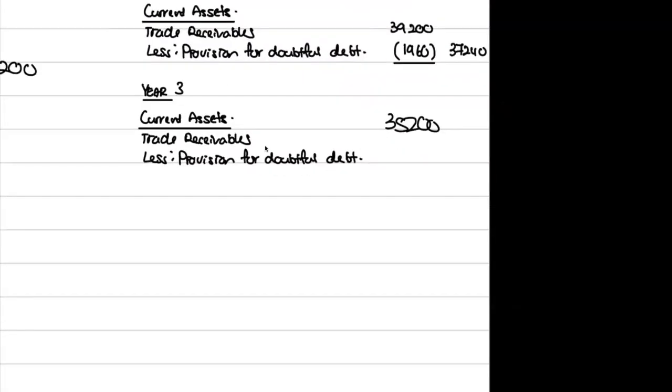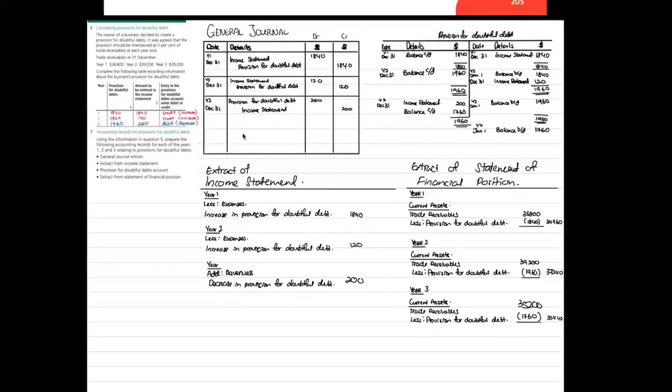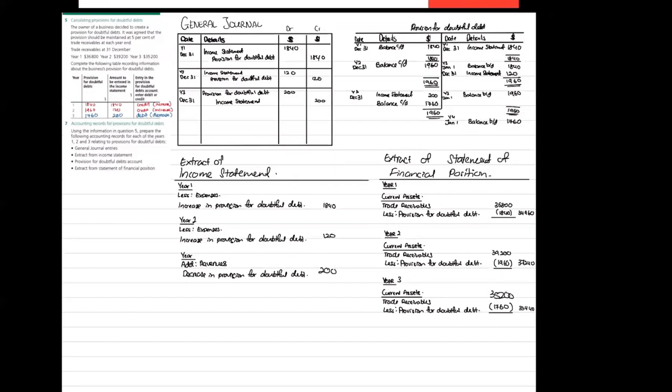We still need to minus the totals. So 35,200, 1,760. This is a decrease. That's it. We've done 3 years worth of provision for doubtful debt. Increase and decrease.